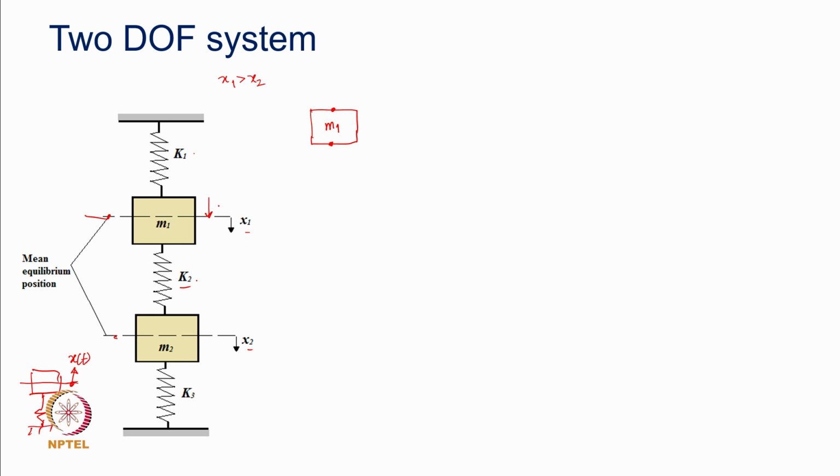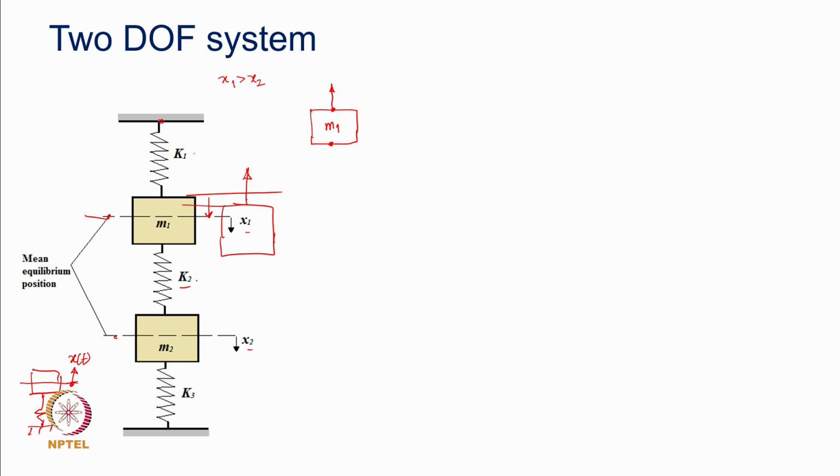So, if this mass goes down like this, there will be this much amount of stretch in the spring. The spring will try to regain its original unstretched position. So, the obvious direction in which the force from the spring k1 will act is to pull that mass back up, and we all know that for an ideal spring the restoring force generated will be proportional to the stretch in the spring.